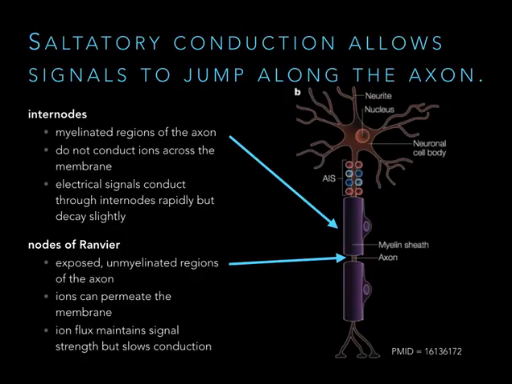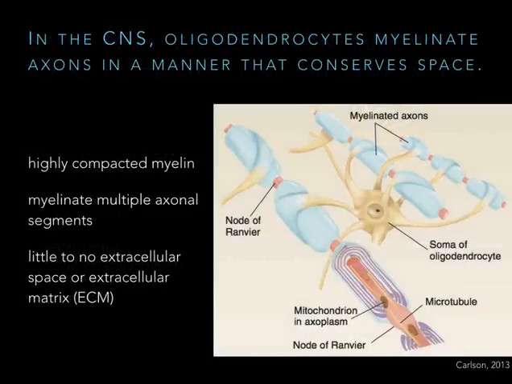So it sort of skips quickly through the internode, pauses briefly at the node of Ranvier to recharge, and then skips along. While oligodendrocytes and Schwann cells both accomplish the same task of generating myelin, they do so in different ways. The oligodendrocyte creates myelin in a manner that conserves space.